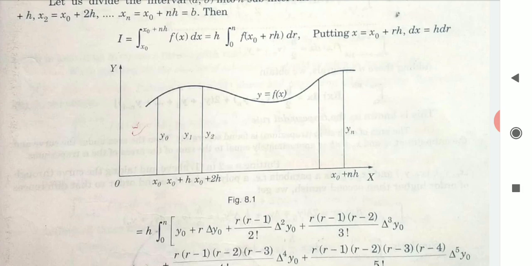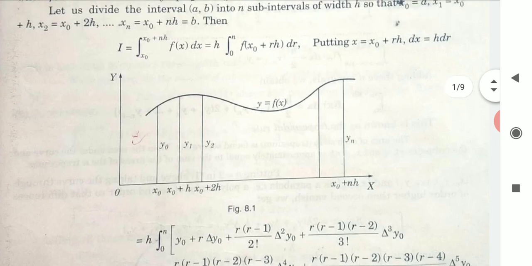Now you must be remembering that we derived Newton forward interpolation formula in terms of p, where p is equal to x minus x naught upon h. Do you remember? Yes. The p that was working there, if you observe carefully here, it is r that is working.